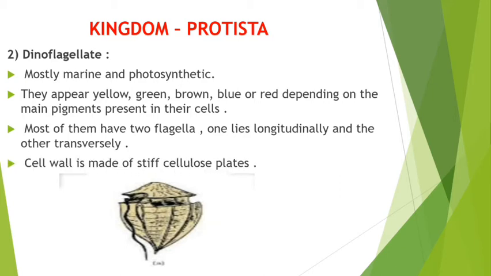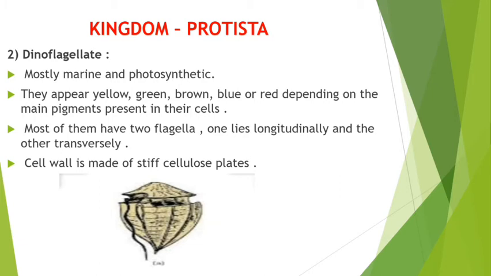Then my dear student, an important character of dinoflagellates is that the cell wall is made up of stiff cellulose plates. So their cell wall is made up of stiff cellulose plates. This is a very important character.